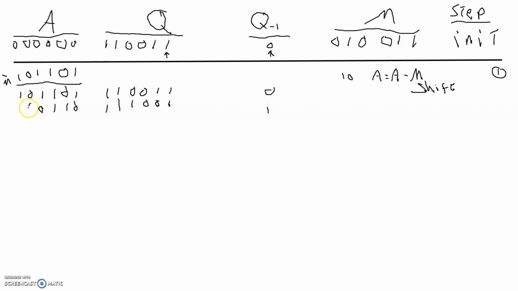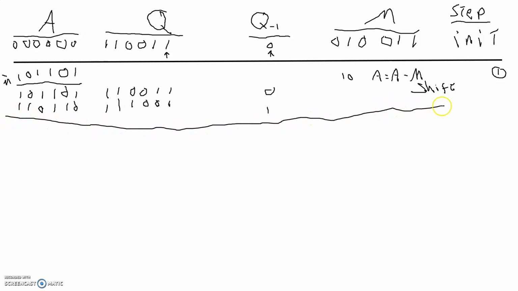The 1 comes here. Now in Booth's algorithm, when you're shifting, you want to maintain whatever A's sign is at that current moment. We're going to see the sign of A switch between negative and positive as we go through here. But at the present moment, this is a 1. So we're going to copy that 1 to here. And so this is now the result of the shift after doing that A.